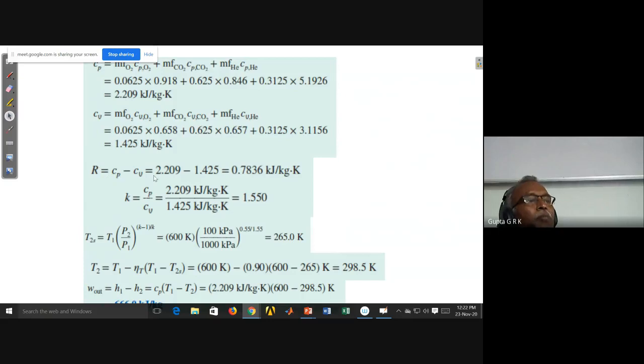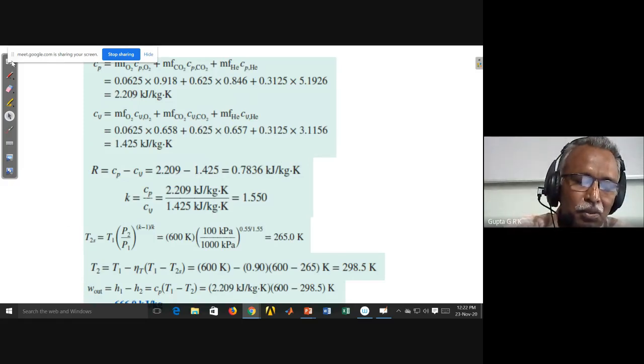So R is equal to Cp minus Cv. So I get this, and gamma is Cp by Cv of the mixture. So I can find out gamma and R of the mixture. So T2 dash, isentropic, is T1 into P2 by P1 to the power of gamma minus 1 by gamma. This is 265.